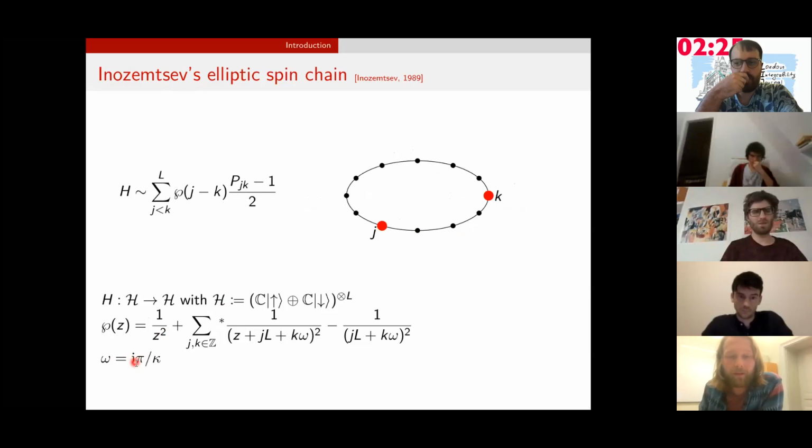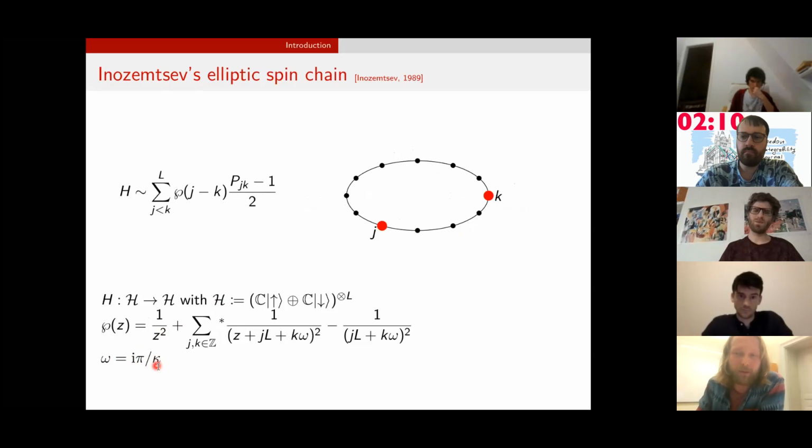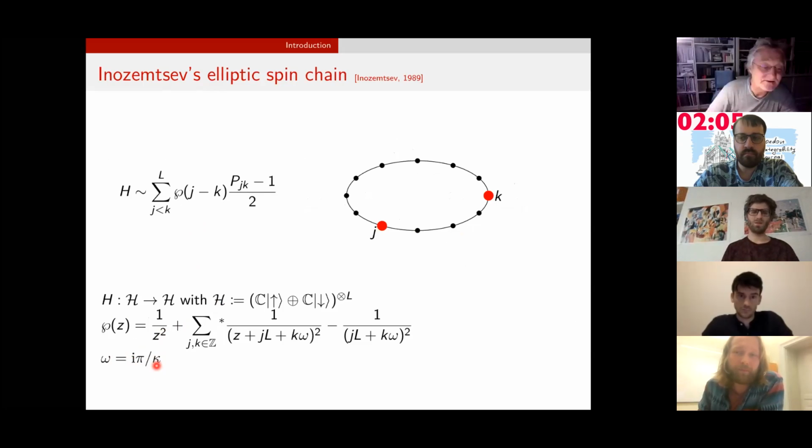I guess it depends a bit on your definition, but tau is normally omega 2 divided by omega 1. And kappa is just some real number. So you get i pi divided by kappa times L. And this can be any number, any imaginary number. Just it has to have positive imaginary part. I see. Okay.